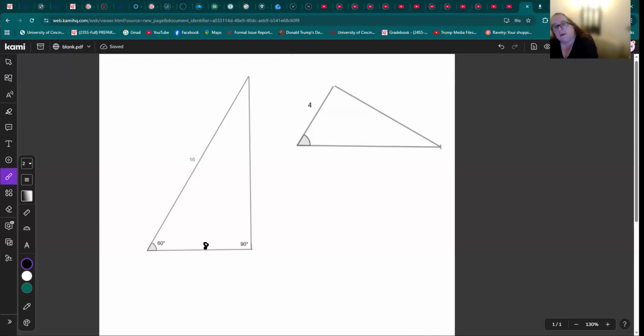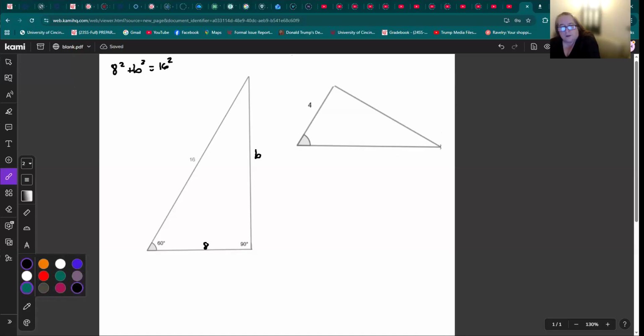I can use my Pythagorean theorem to find my tall side, so I'm going to call this b. And we know our Pythagorean theorem is going to be x squared plus b squared equals 16 squared.